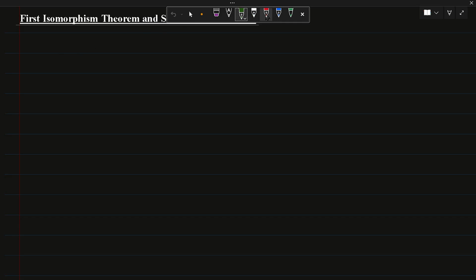So we are going to have the theorem 15.3 and it will tell us about the first isomorphism theorem for rings. So let us look at this statement.